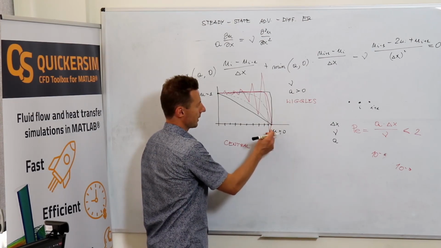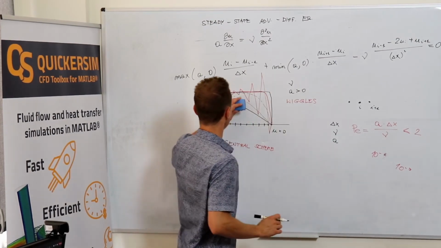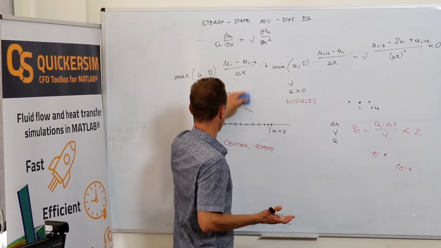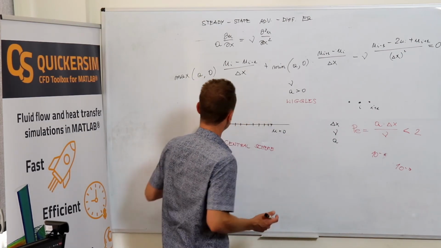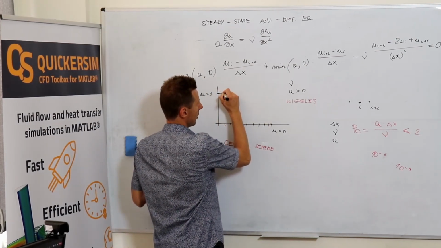The problem is that, let me redraw it once again. The problem with the upwind solution is what? You already know that. Diffusion, exactly.